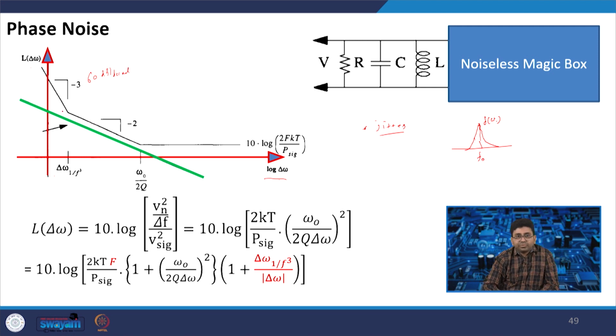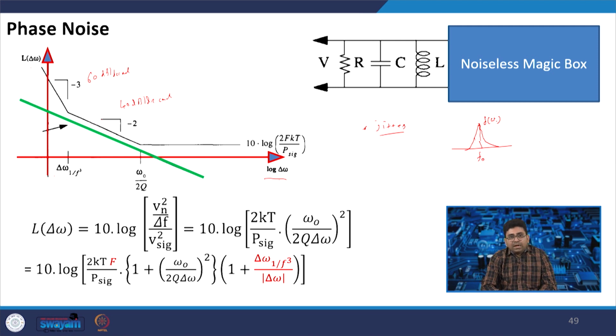slope. After delta omega 1 by f cube, there is another slope, a slope of the square. So, this has a 40 dB per decade slope. It is reducing by 40 dB per decade, and then after omega naught by 2Q, this frequency it is going to become constant.